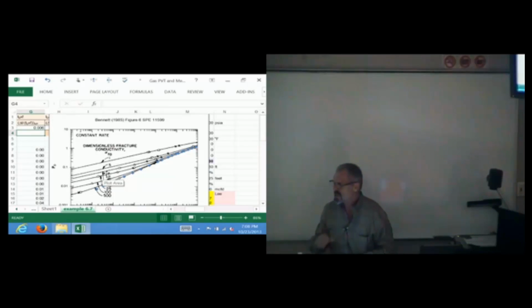There are analytic solutions for infinite conductivity fractures. So there's a lot of solutions that they're dancing around for infinite conductivity fractures, like this one right here that relates apparent wellbore radius with skin.